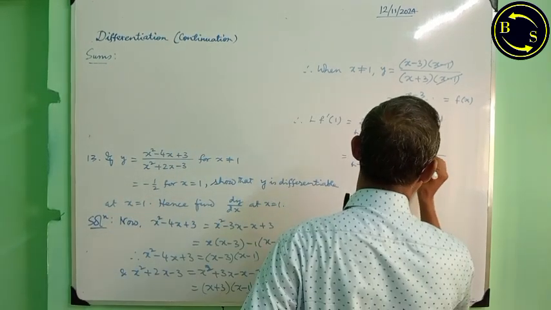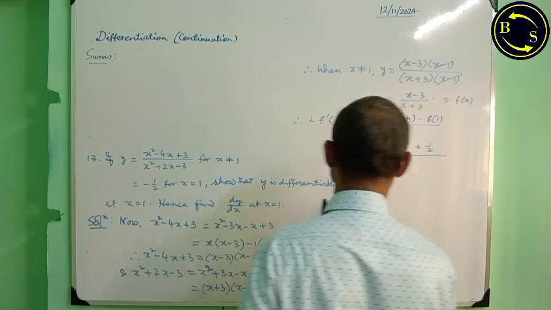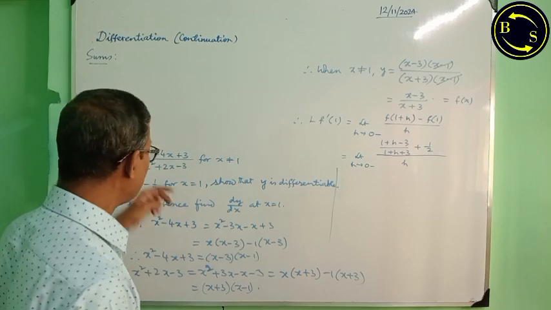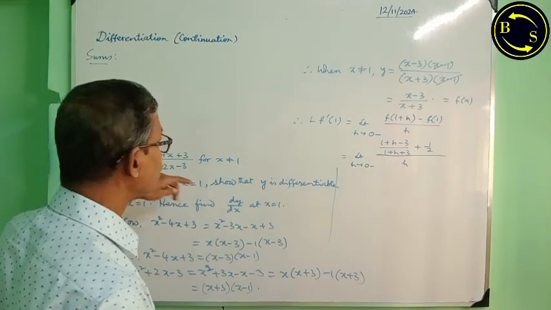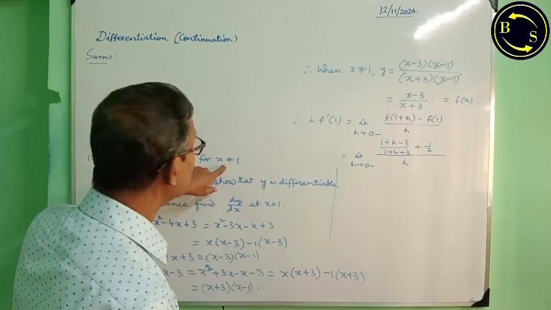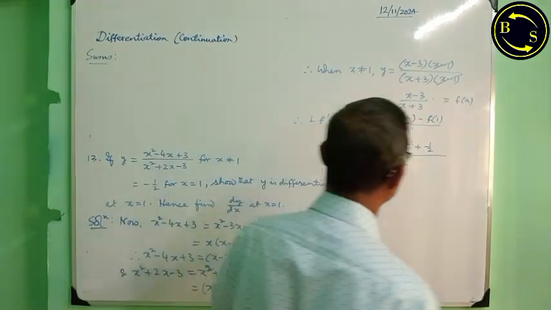Therefore, this is plus half, all by h, as h tends to 0 minus, and also for x not equal to 1, we have to use this simplified form.